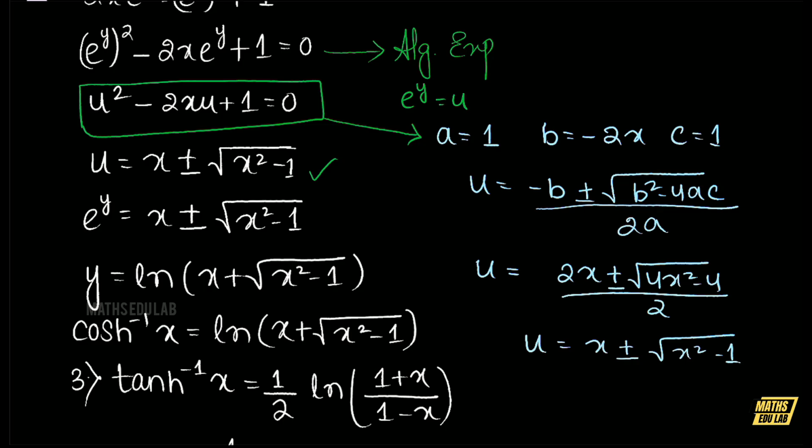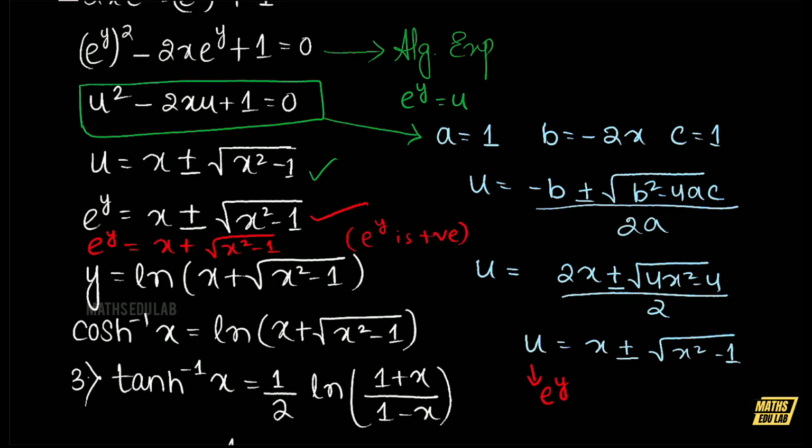And then the u value is nothing but e to the power of y. So e to the power of y is equal to x plus or minus root over x square minus 1. For this I can write e to the power of y is equal to x plus root over x square minus 1, because e to the power of y is positive.